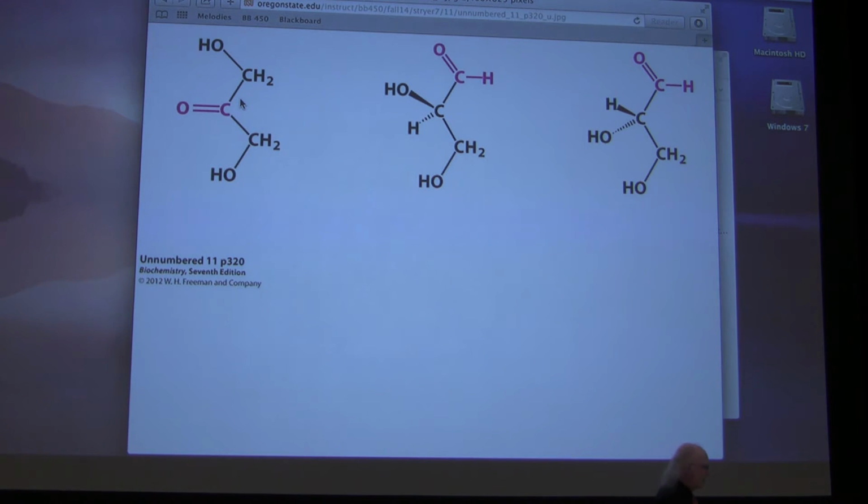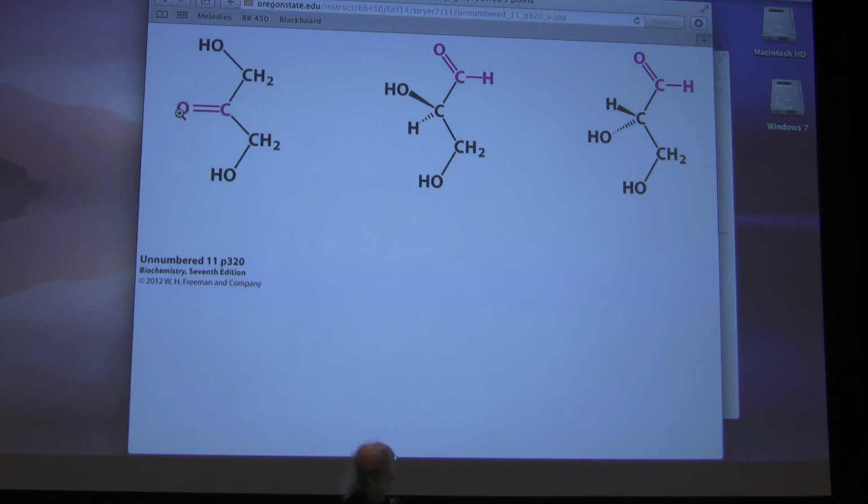This is actually a compound known as acetaldehyde. I can't even say it. That's not acetaldehyde. That's glyceraldehyde. Well, no, this is glyceraldehyde. This is, God, now I'm drawing a blank. I hate that when that happens in front of an entire class.